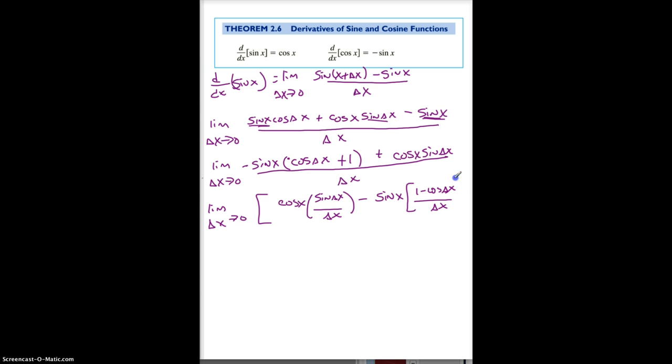Now I did this because I know that one of these is 1. So this becomes the limit as delta x goes to 0 of cosine of x, minus, excuse me, that goes to actually 0, sine of x times 0. So that's 0. And as delta x goes to 0, this actually just becomes cosine x.